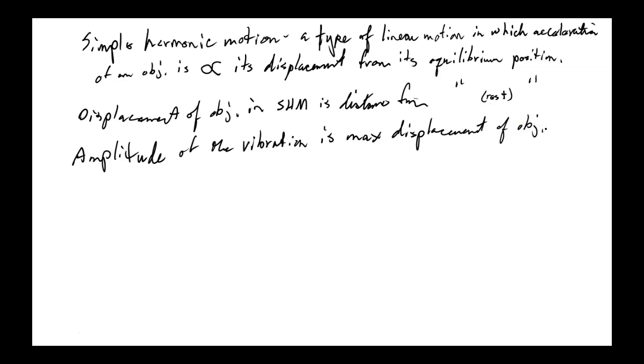So let's say you had that spring and it was going up and down like this. The maximum goes up above or below, and they're going to be the same. That's the amplitude. Okay?